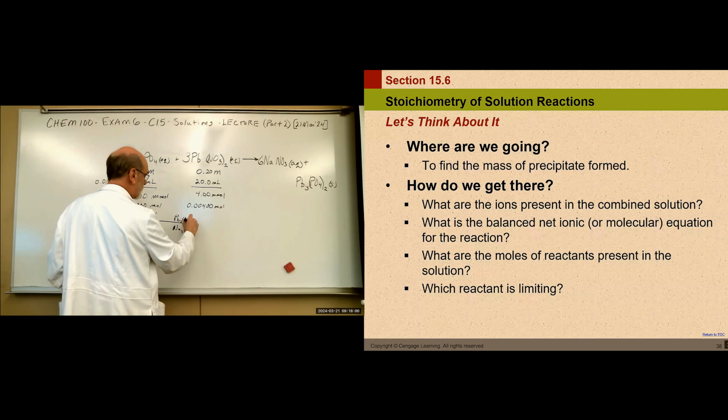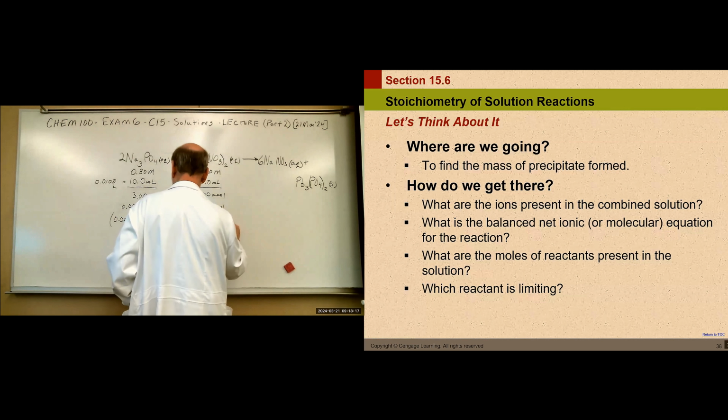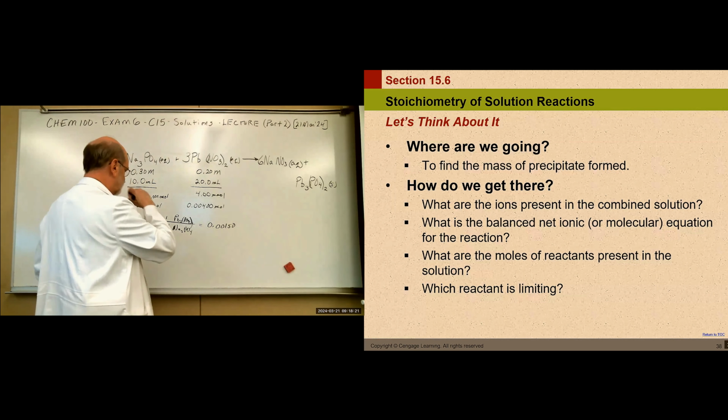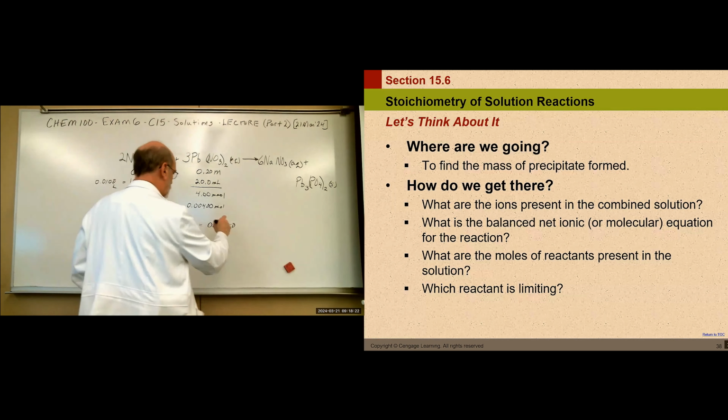The coefficients are 1 and 2. So that means we would get 1/2 of this value, 0.00150 moles of lead-2 phosphate. That's what we would get if all of this were used up.